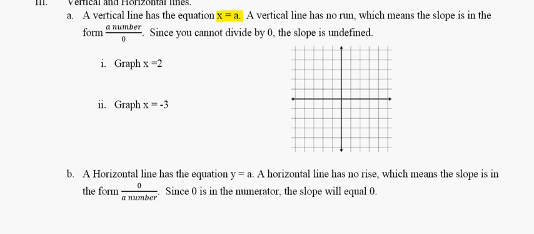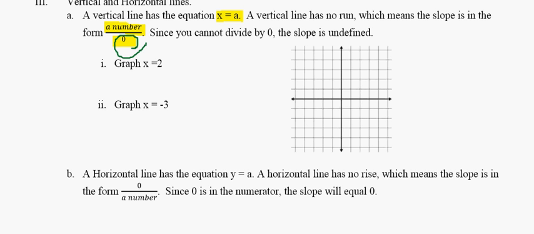If you can picture rise and run, a vertical line has no run. Okay, remember the run is on the bottom. It's rise over run. So if a vertical line has no run, that means the run is 0.